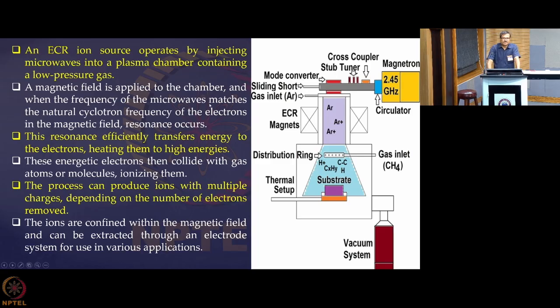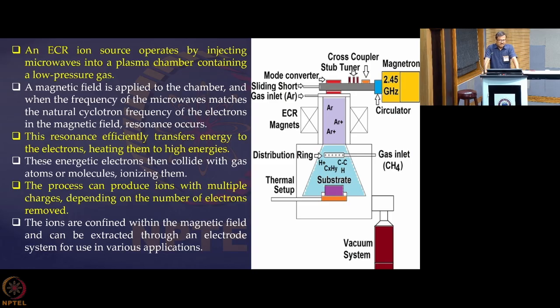Then the magnetic field is produced by this magnetic coil and applied to the chamber. When the frequency of the microwave matches the natural cyclotron frequency of the electrons in the magnetic field that we have applied, then resonance occurs. The resonance efficiently imparts energy to the electrons, heating them to very high energies. These energetic electrons then collide with the gas atoms or molecules which are there and ionize them.